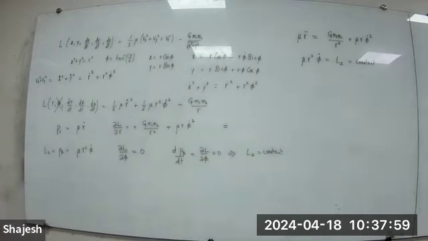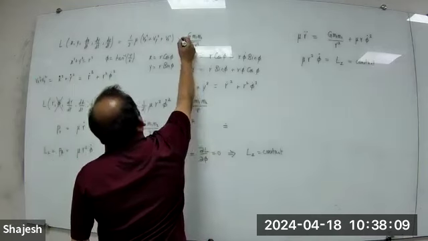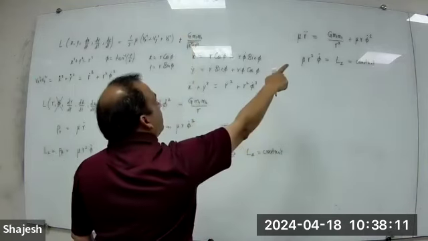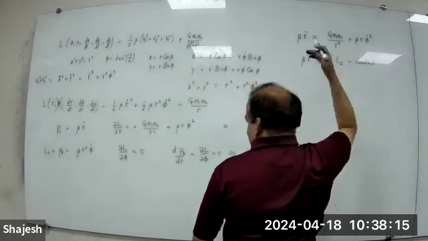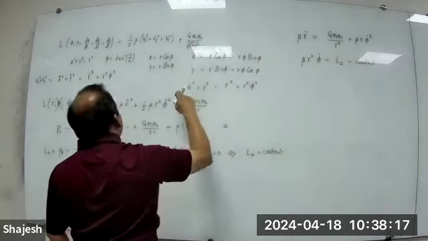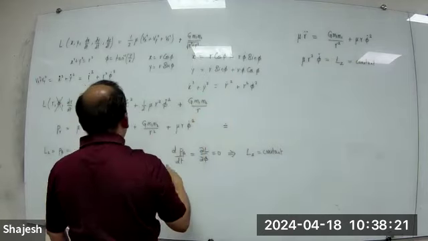Okay, good. In the Lagrangian, the potential term should be plus. Oh, did I make a mistake? Oh, right, okay, yes, this should be plus, very good. Then what happens here?